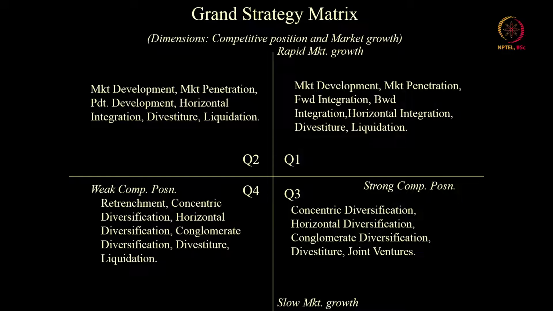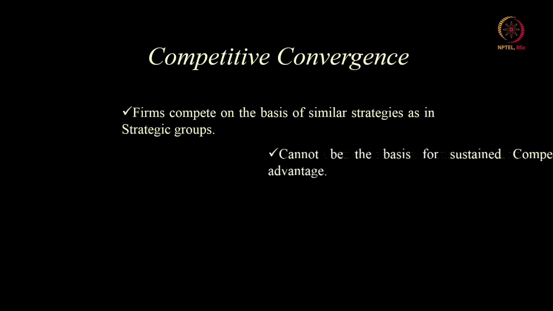Q1 gives with respect to market development, market penetration, forward integration, backward integration, horizontal integration, divestiture, liquidation. See how it changes when it moves to different quadrants. So, this matrix is drawn taking into account the competitive position and market growth. So, this is sometimes referred to as the grand strategy matrix.